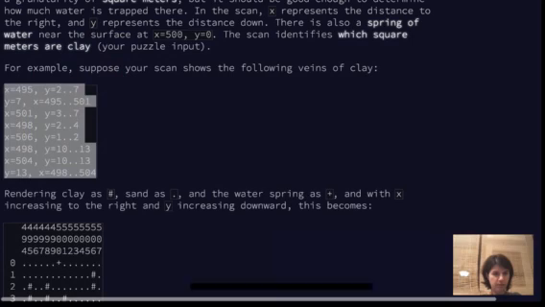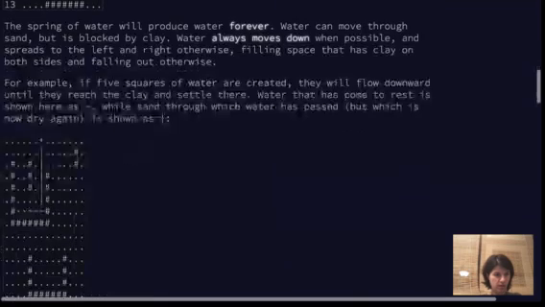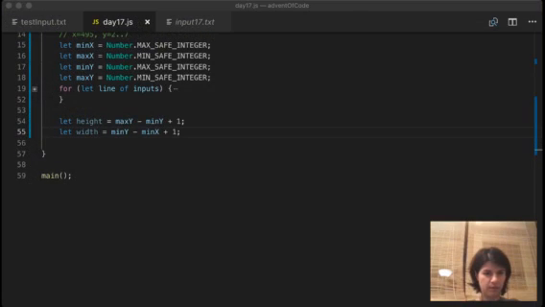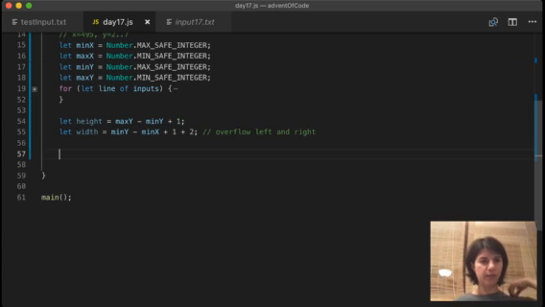And I believe if we go back to the picture, we should be careful about stuff overflowing even further on the left here. So I'm just going to add 1 for the x left and right, for overflow left and right. So we have a height and we have a width. And now we need an offset.